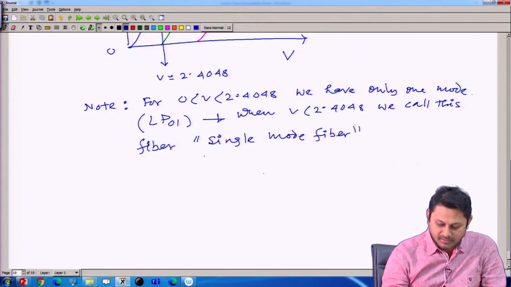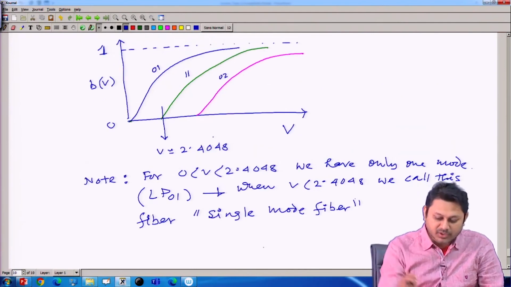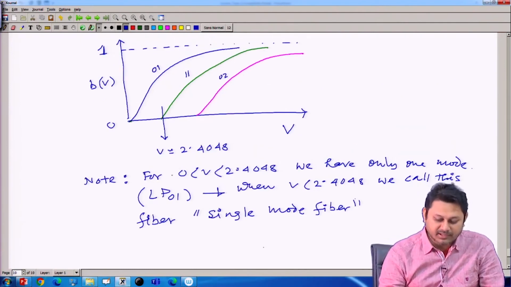Why is that? Because if I look carefully, if the value of V is less than 2.4048, there is only one mode present and this mode is LP01, no other mode is there.